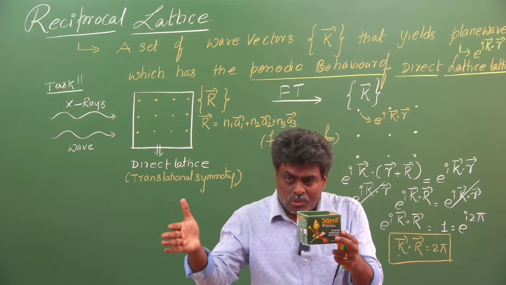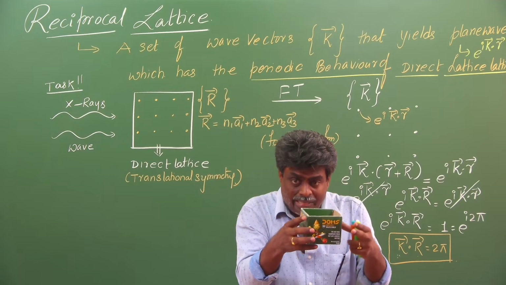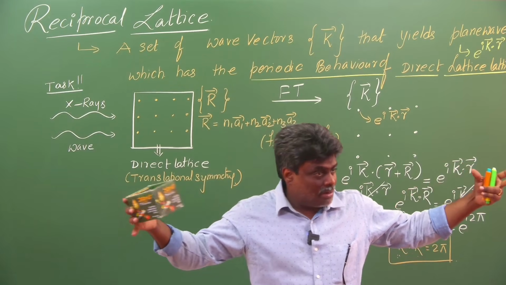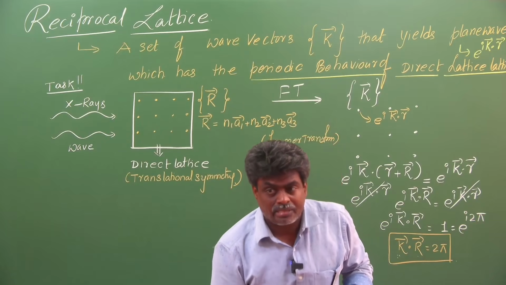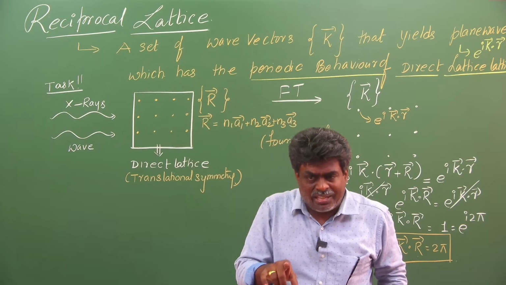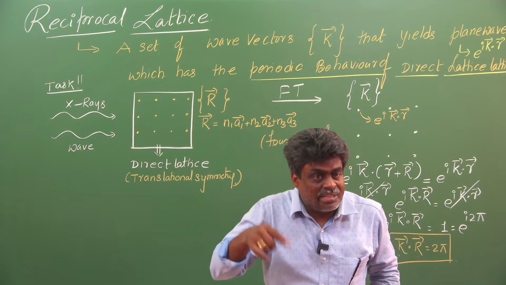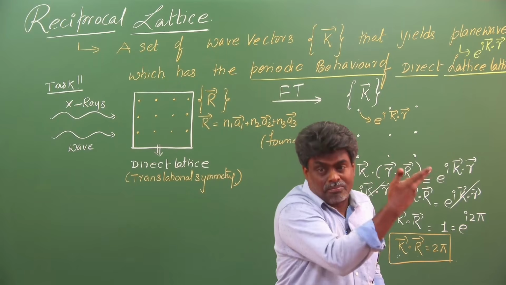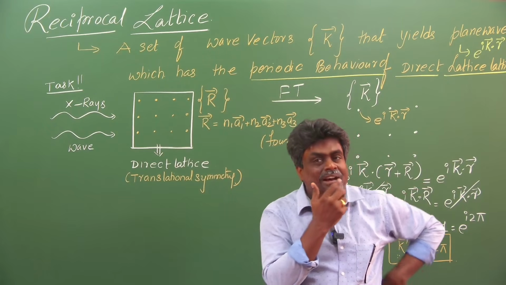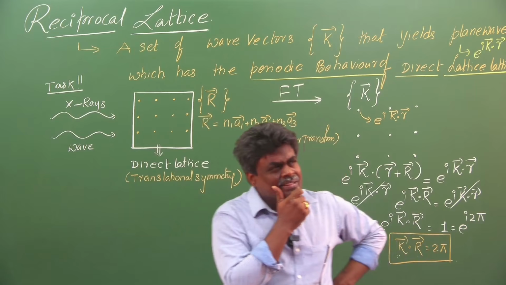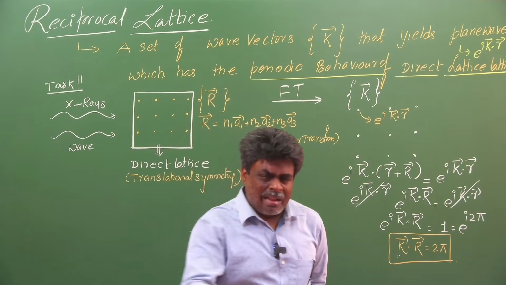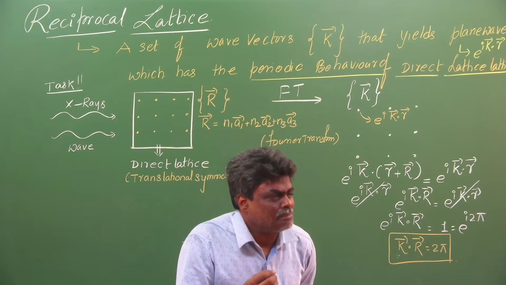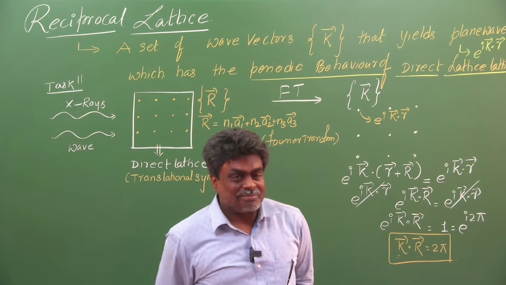Ready? So these are parallel planes. Like this, an infinite number of parallel planes are there. With all these infinite parallel planes, it's very difficult to study which plane the wave is interacting with. Now the idea is, they thought, hey, all these parallel planes, can we represent them with a single point?